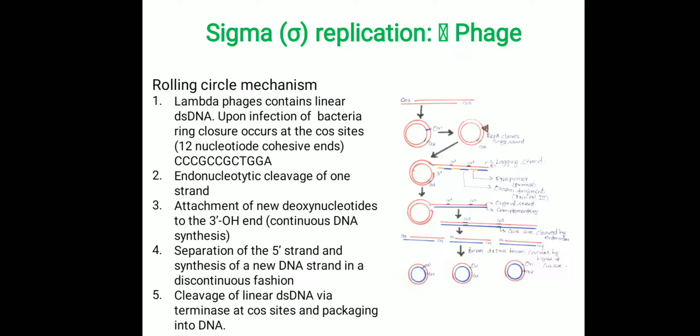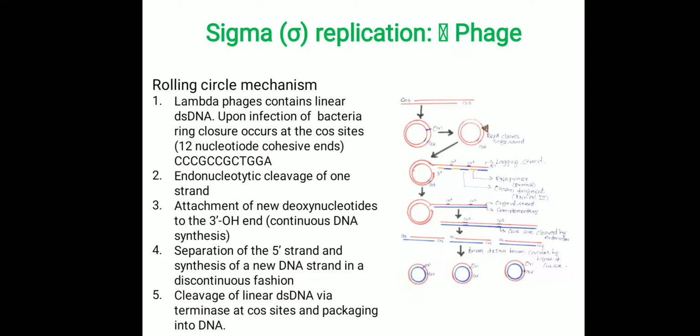And this cos site is just a few base pairs away from the origin of replication sequence. Once the origin of replication is identified, the enzyme called RepA cuts only one strand of DNA. So one strand comes out, and the 5' end goes away in elongation, and the 3' end is still attached to the inner strand of the double stranded DNA.